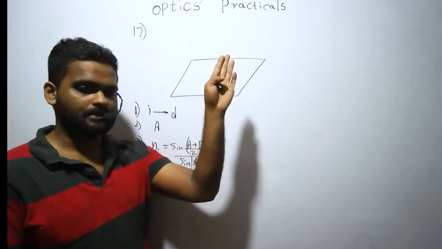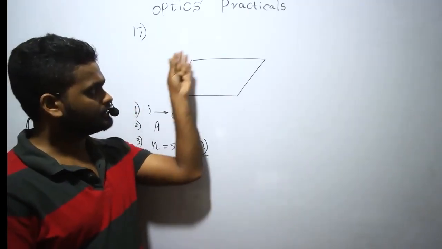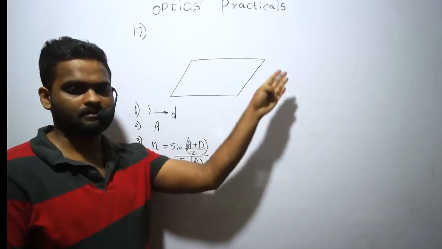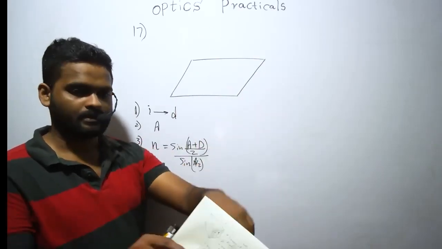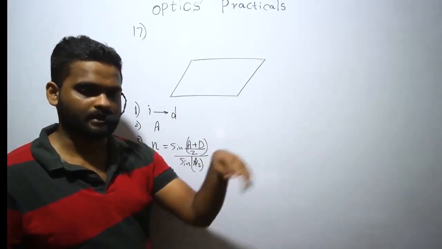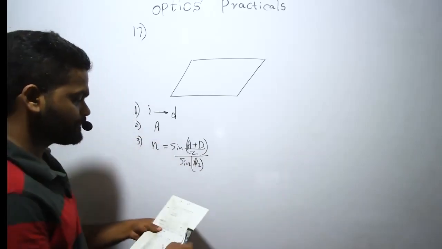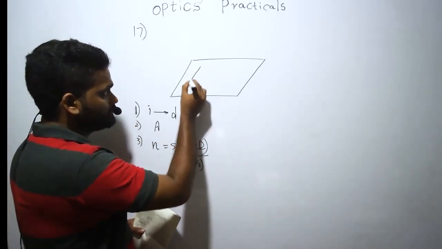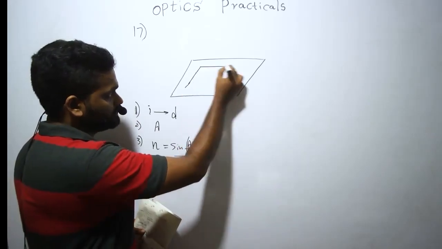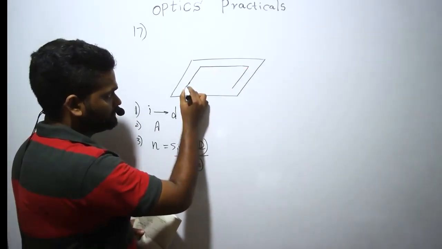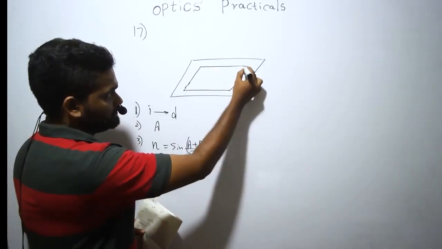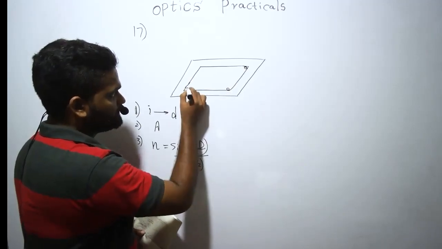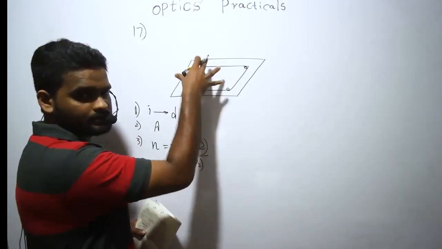So in the lab, let's say this is a drawing board or something, or this could be the table, right? Surface of the table. Then you place a white paper, then you clip that to the board.